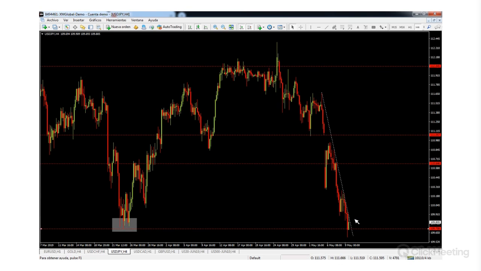But we have found a support around the 109.70 level, and this is a big level to me.